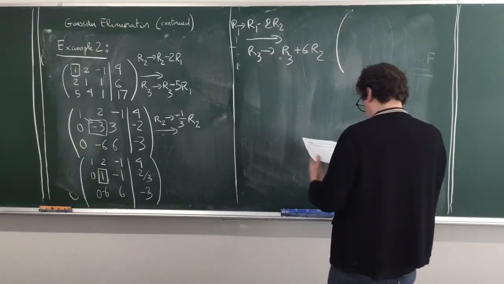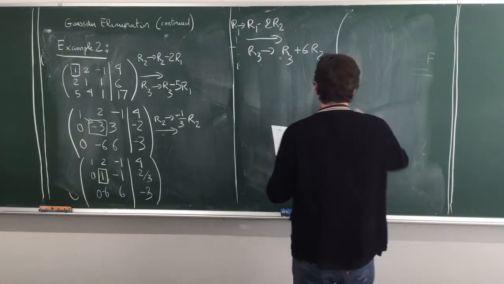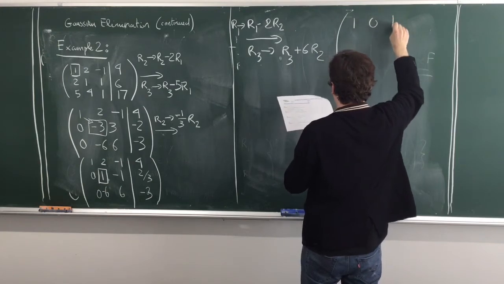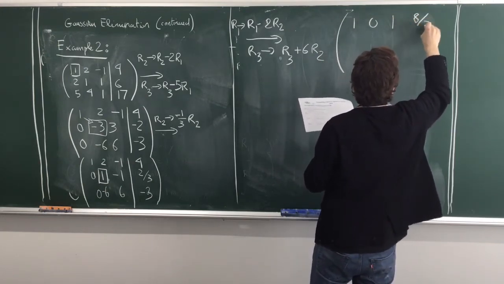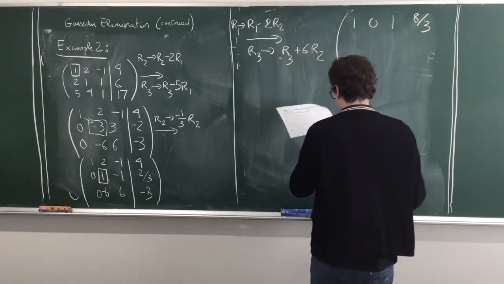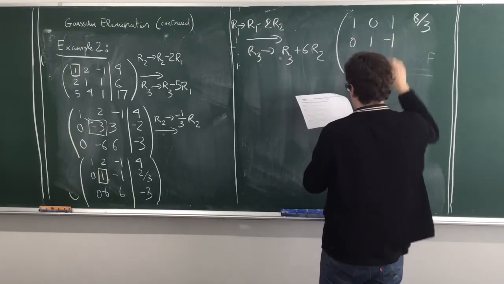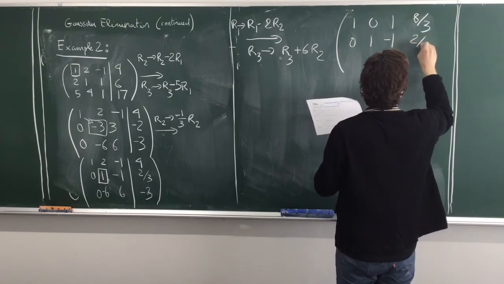So doing that, I will get the following matrix: 1, 0, 1, 8 divided by 3, 0, 1, minus 1, 2 divided by 3.